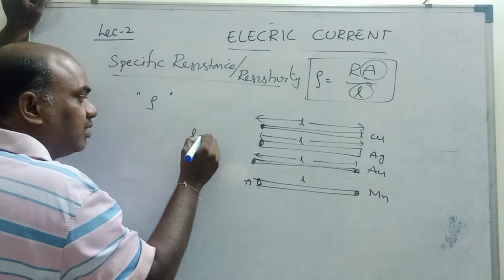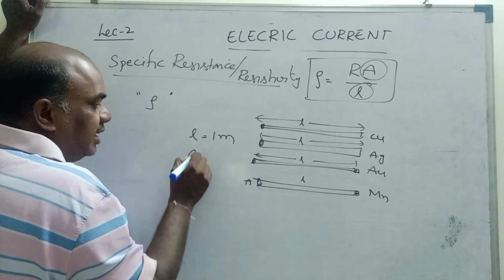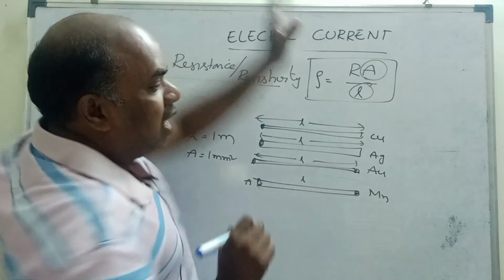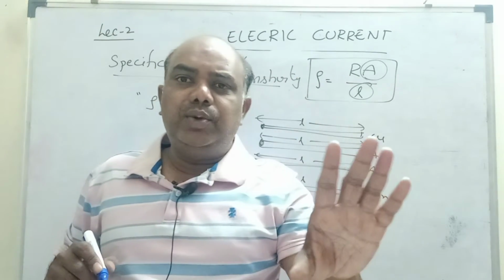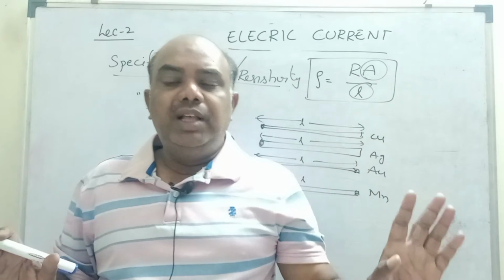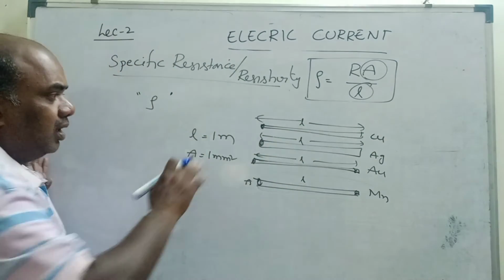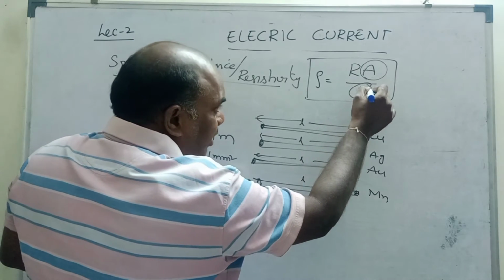Let us consider the length is 1 meter and the area of cross section is 1 millimeter square. Whatever wire you take, copper, silver, gold, manganese, all lengths must be the same and thickness must be the same. If length and area of cross section are the same, these two are 1 unit, fixed.